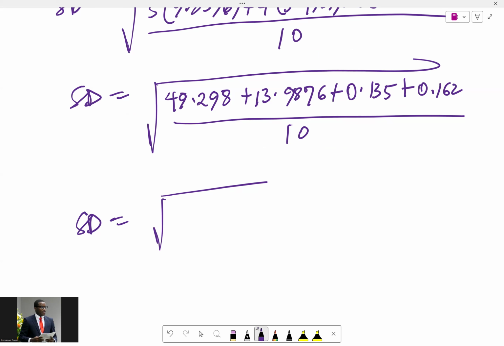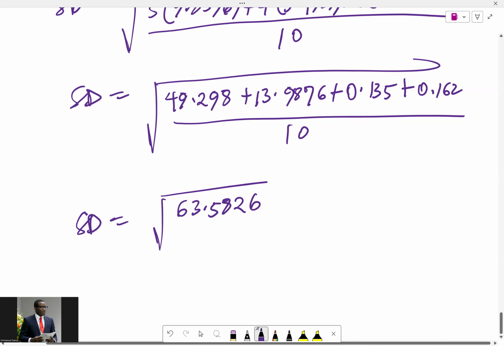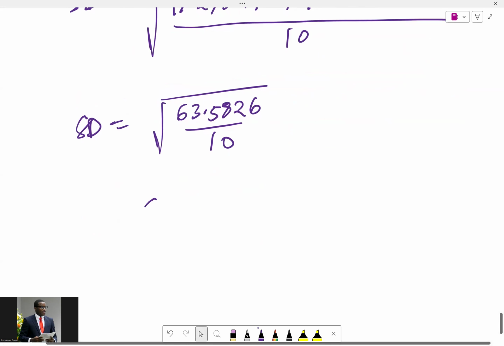All that is 63.5826 divided by 10. So the standard deviation now is square root of 6.35826.